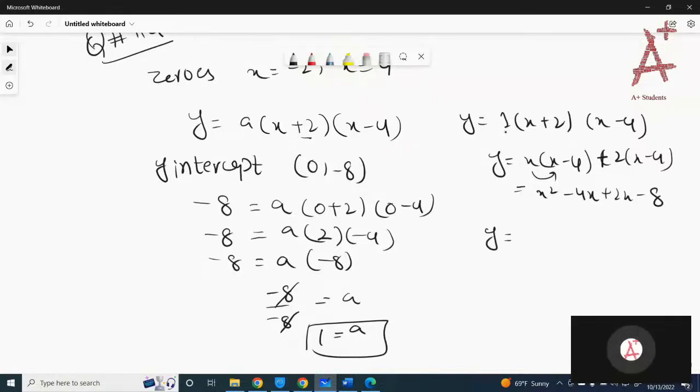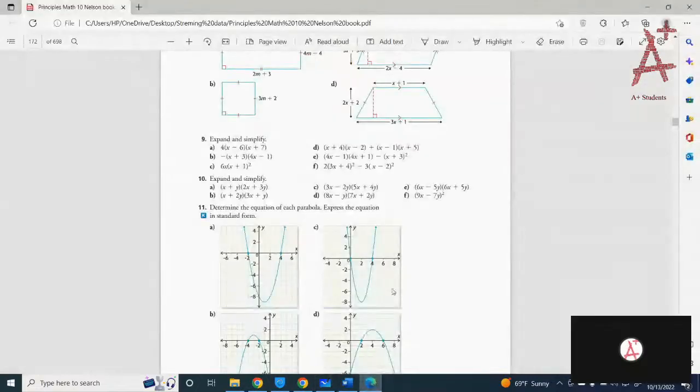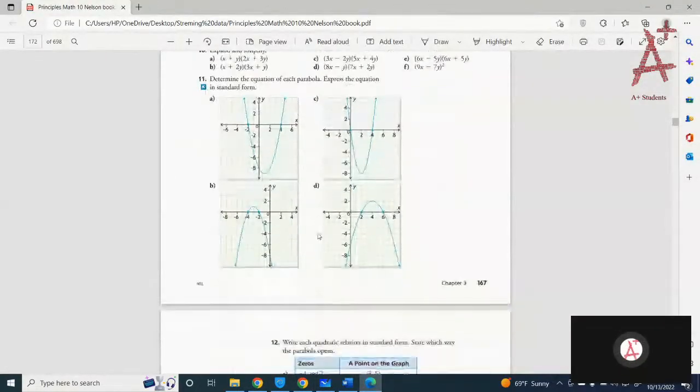So it would be then y equals x squared, -4 plus 2 is -2x, and -8. So the equation of the first graph is y equals x squared minus 2x minus 8. Got it? So that's how you have to find the equation for the rest of the graphs. Got it?